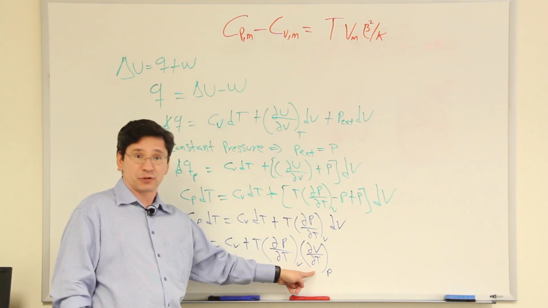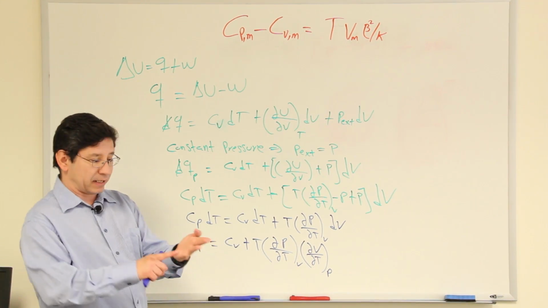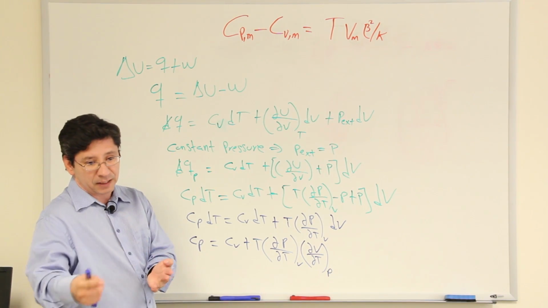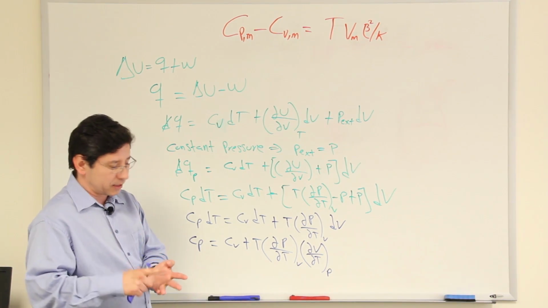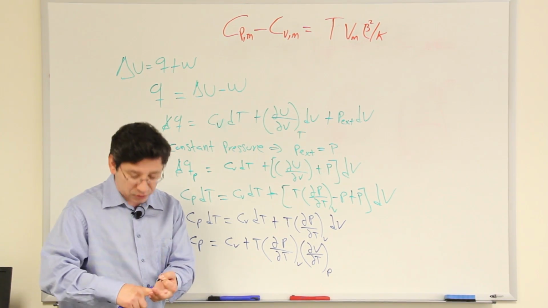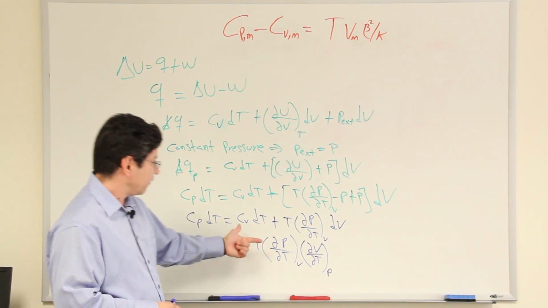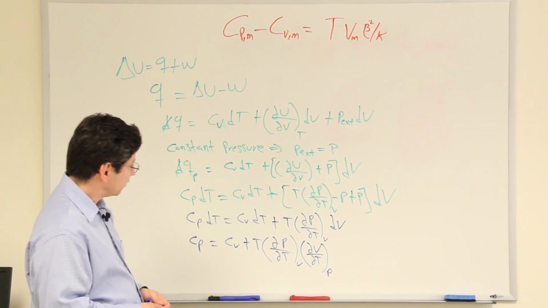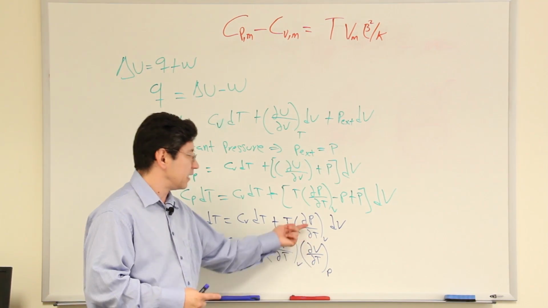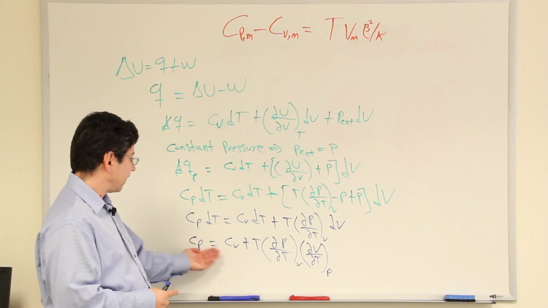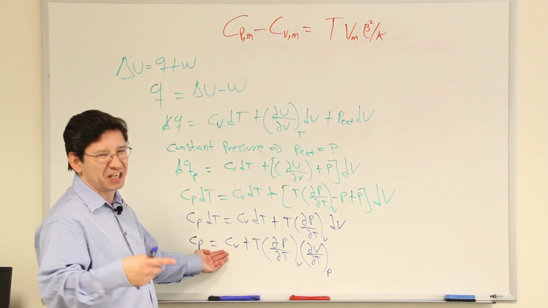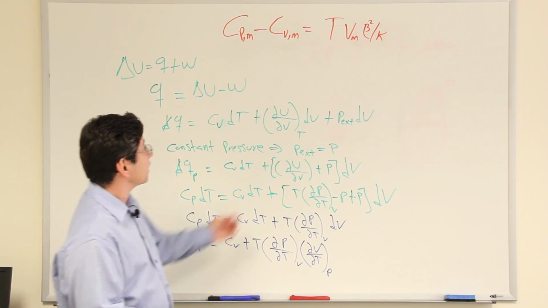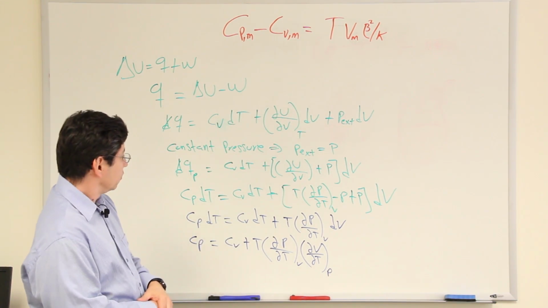If I have an ideal gas, or a real gas such as a van der Waals gas, or any other approximation to real gases, and I know the functional dependence of P and T, then I can get this term. And if I know the functional dependence of V and T, then I can get this term. So I can find Cp minus Cv for any kind of gas. But in particular, we are interested in getting there for now.